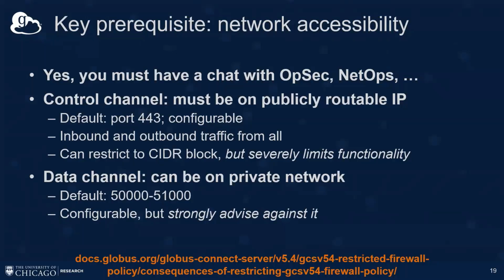Now, the data channel doesn't have to be. Again, you can have an endpoint that you only want to talk to users on campus, and so the data channel can go through a different interface than the control channel. The default set of ports is 50,000 to 51,000.